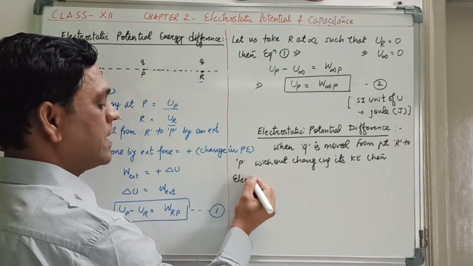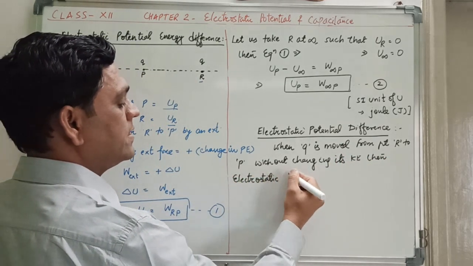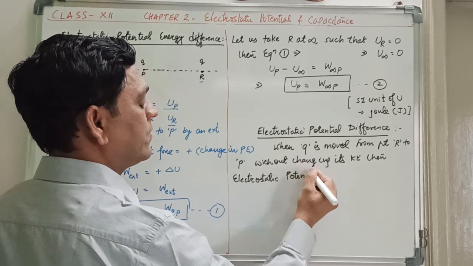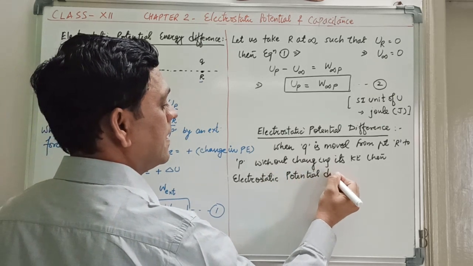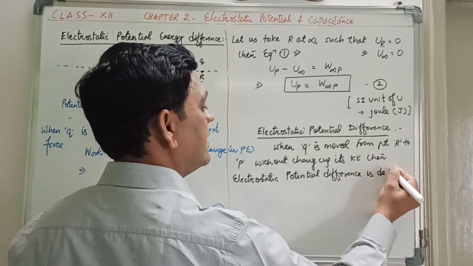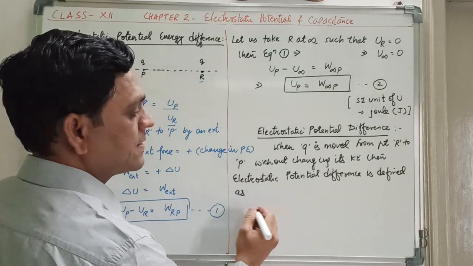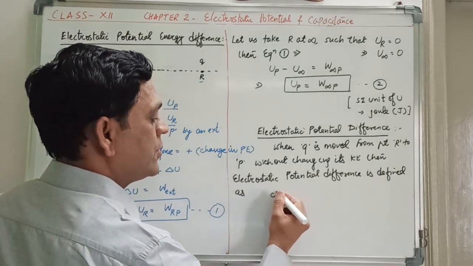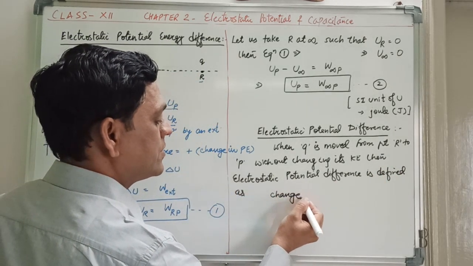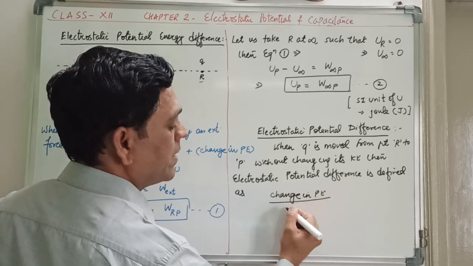then the electrostatic potential difference is defined as the change in potential energy per unit charge.